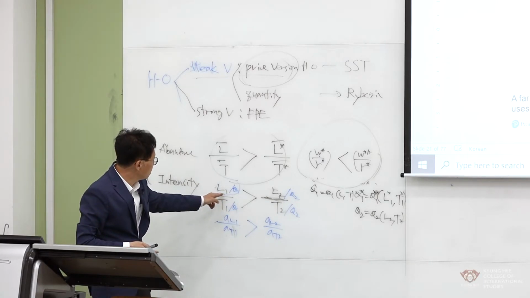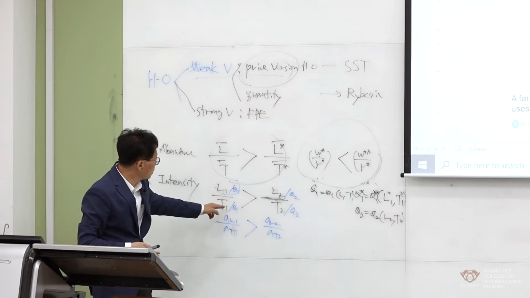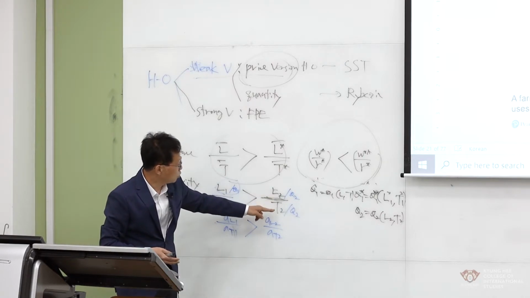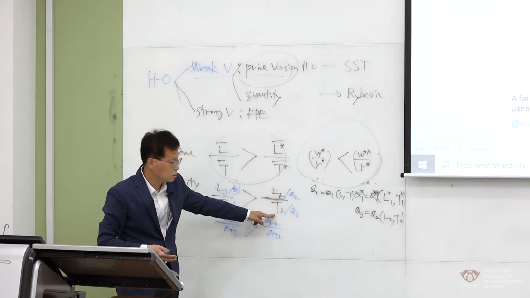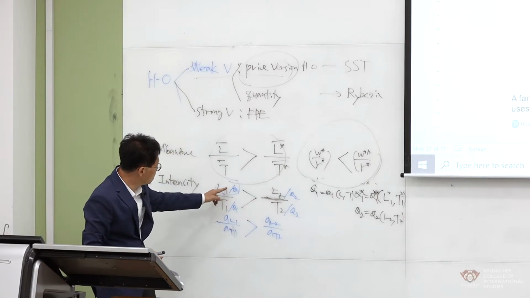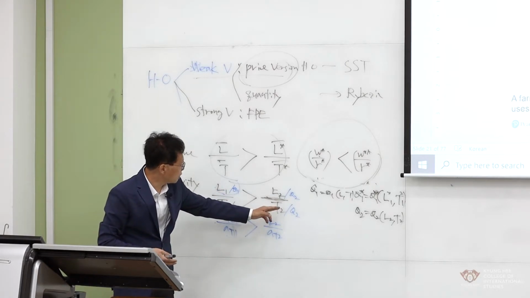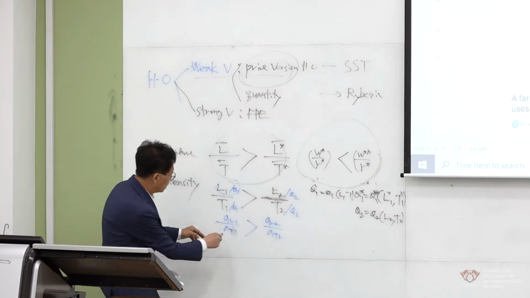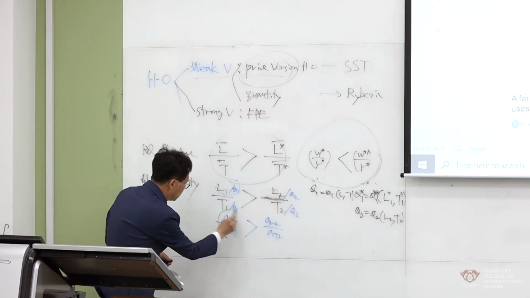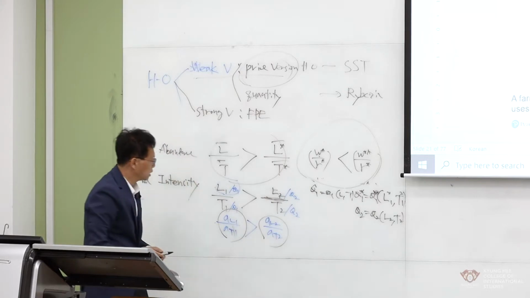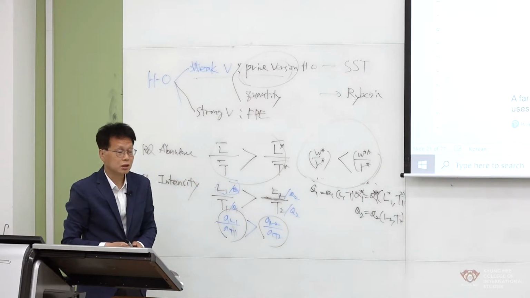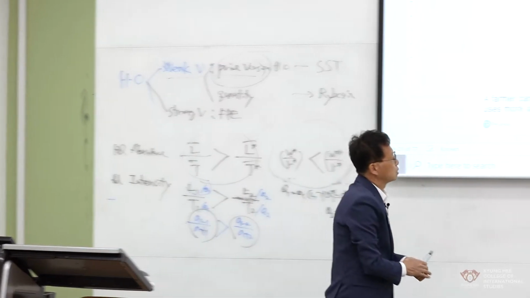That means L1 over K1 is greater than L2 over K2. Dividing the left-hand side by Q1 and the right-hand side by Q2, we get these relations: AL1 over AK1 greater than AL2 over AK2. What is the meaning of this?